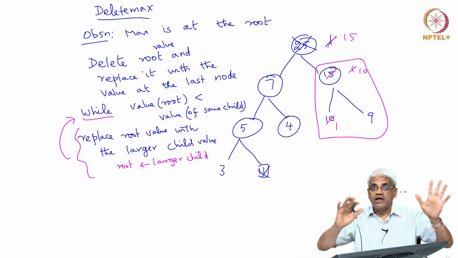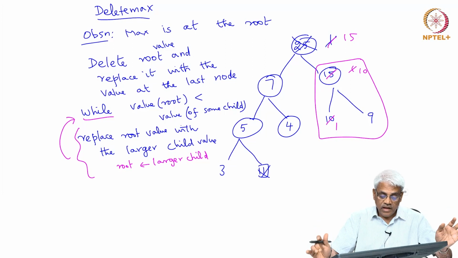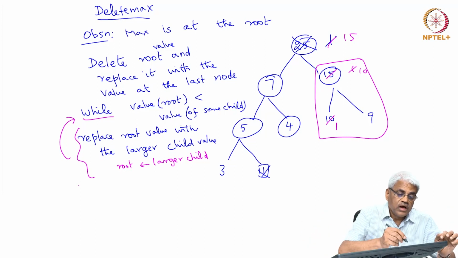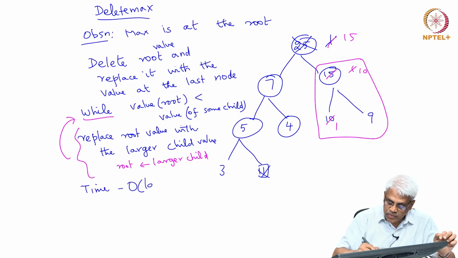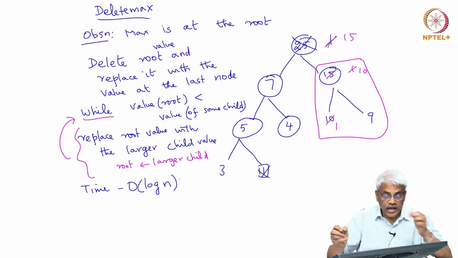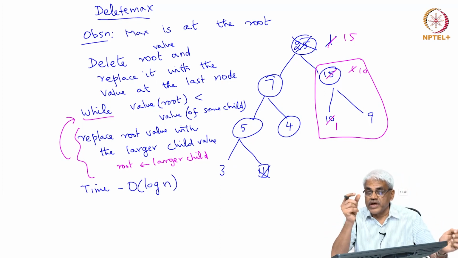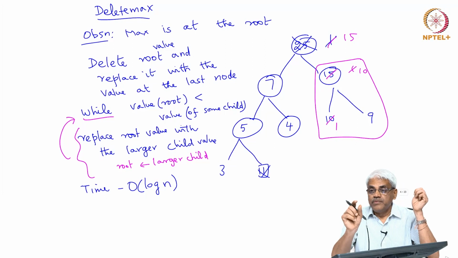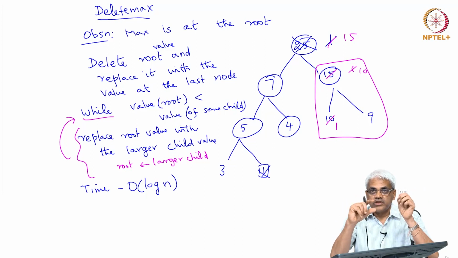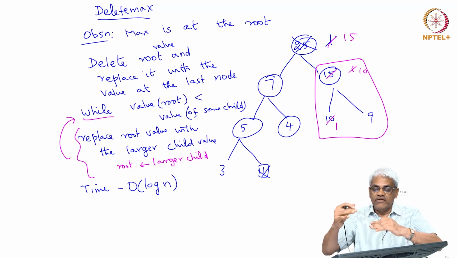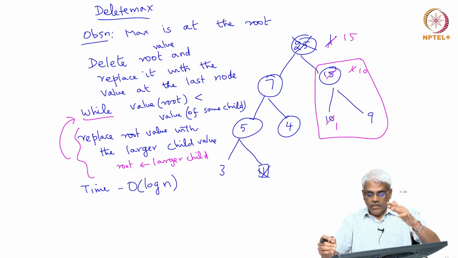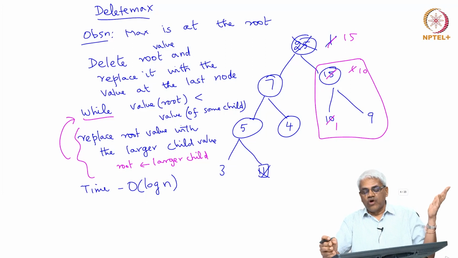You can verify that it's nice and clean, and the time again would be order log n, because it's proportional to the height of the tree. Unlike insert, now you have to do two comparisons, because you pick the larger child, compare the children and then compare it with the parent. So there will be two comparisons at every level, but the number of levels is at most log of n plus 1.